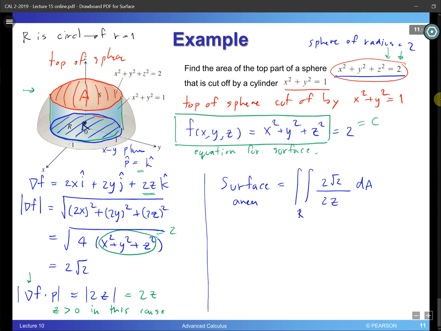We are working with R that is a circle, so it makes more sense to use polar coordinates. R is a circle, so we are going to switch this to polar coordinates, which means that this dA becomes r dr d theta.